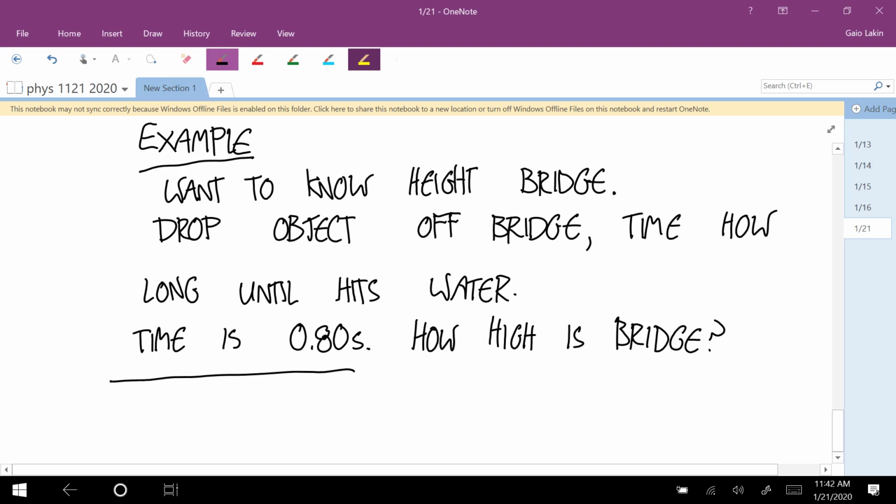Okay, well, I have two questions before we do this calculation. The first one is, what kind of object are you going to drop? You don't want it to be a feather or a ping pong ball, because we're going to make the assumption that air resistance doesn't have a significant effect on this motion. So you want it to be a rock or something. And if it is a rock, you want to make sure no boats are going under the bridge.